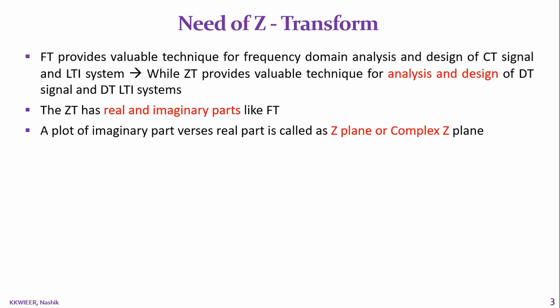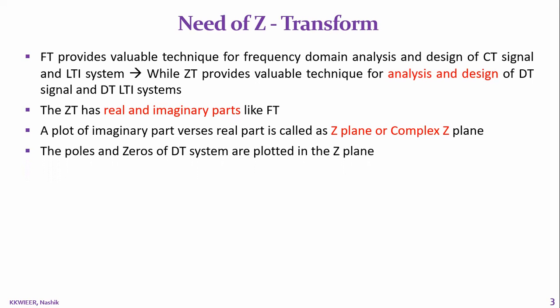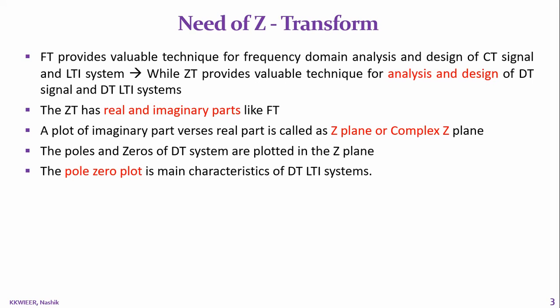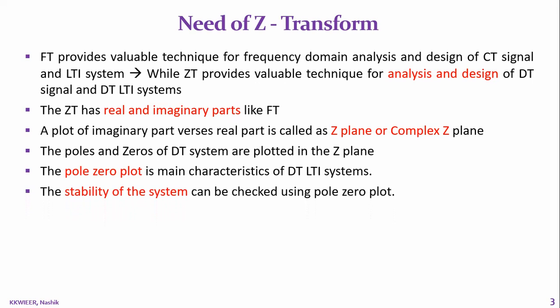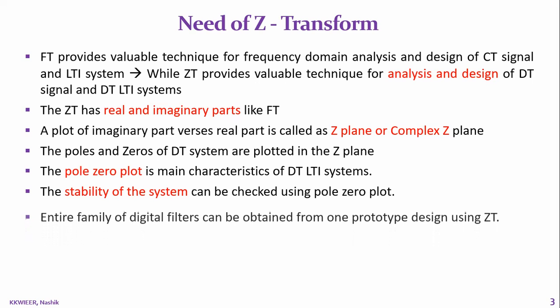A plot of imaginary versus real part is called the Z-plane or complex Z-plane. The poles and zeros of a DT system are plotted in this Z-plane. The pole zero plot is the main characteristic of DT LTI systems. The stability of the system can be checked using the pole zero plot.